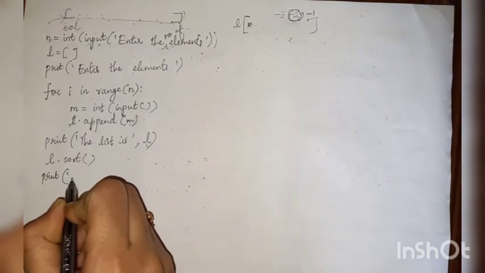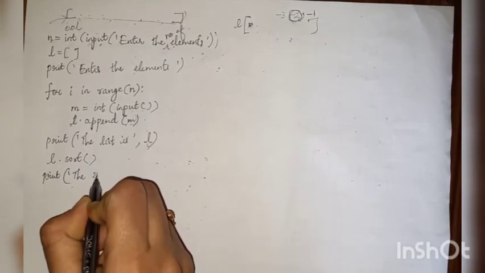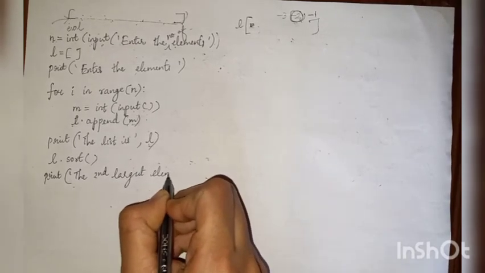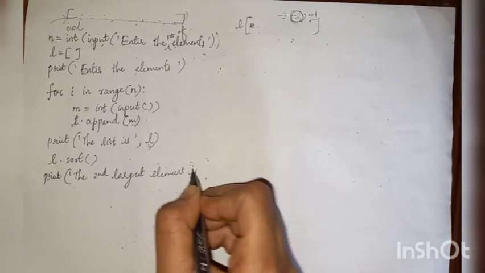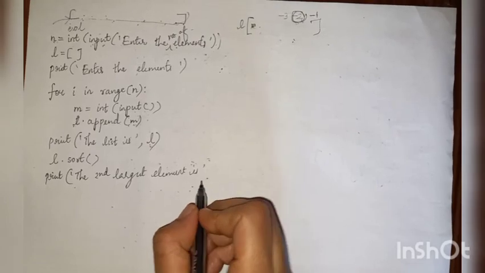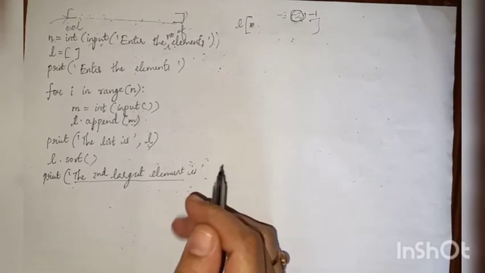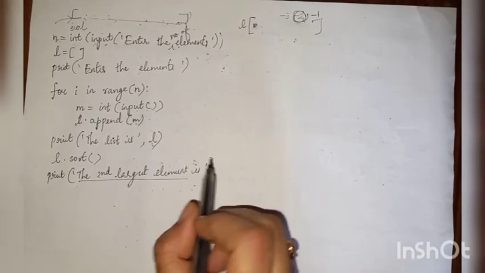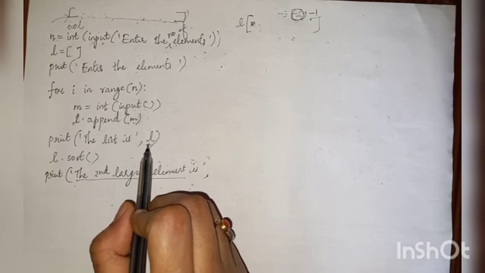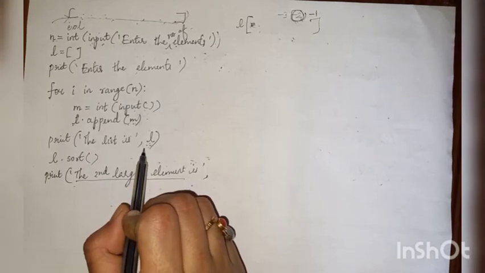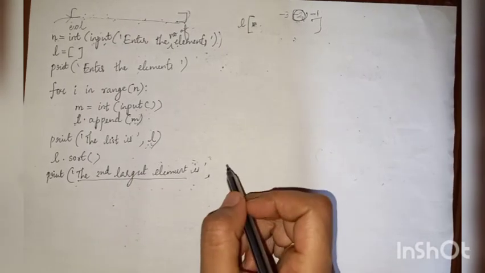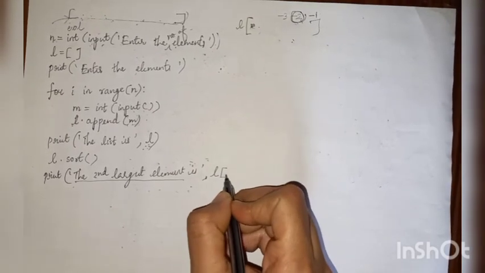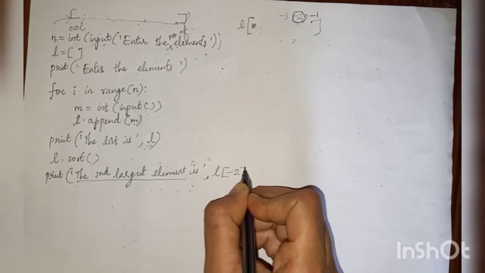So we can print the second largest element is, single quotes close. This will be printed as it is. Then comma, we need the value. The value should not be enclosed in single quotes. So our list name L, then in square brackets the index. So the index is -2.